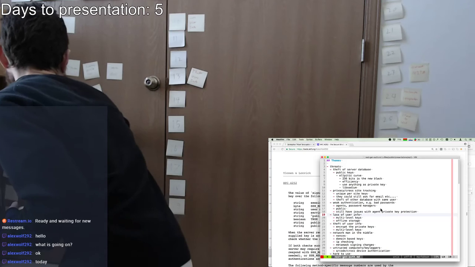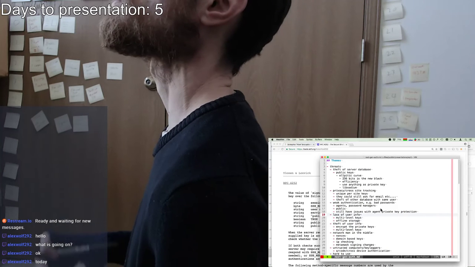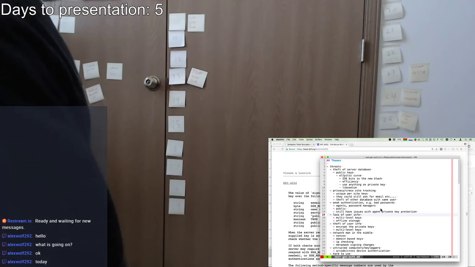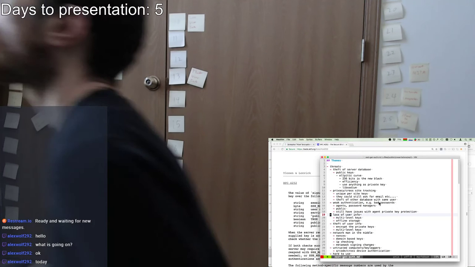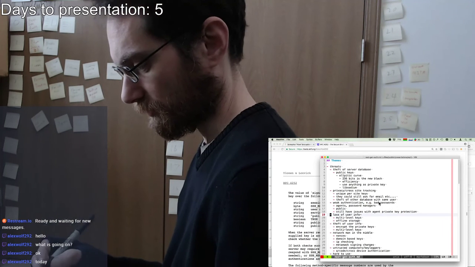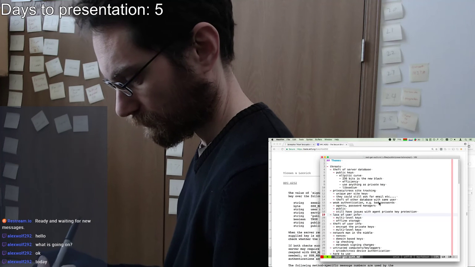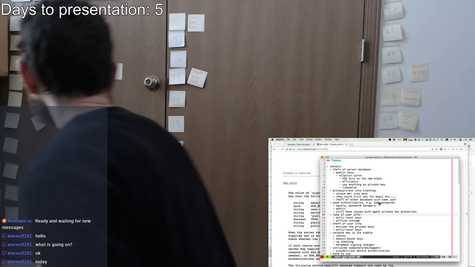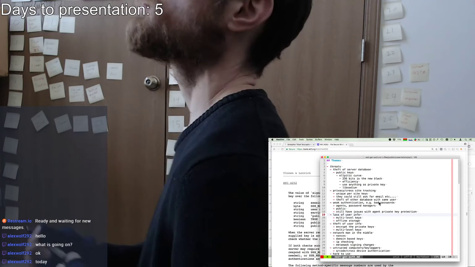There's also a solution to that. All right, so yeah, we still have how do you secure the private key? Which can be a whole topic in and of itself.